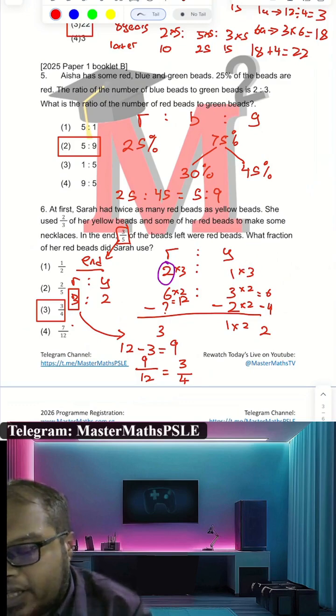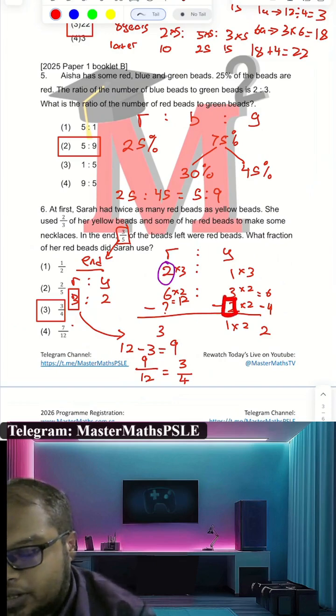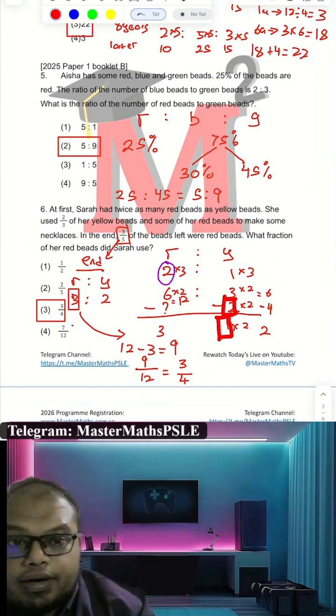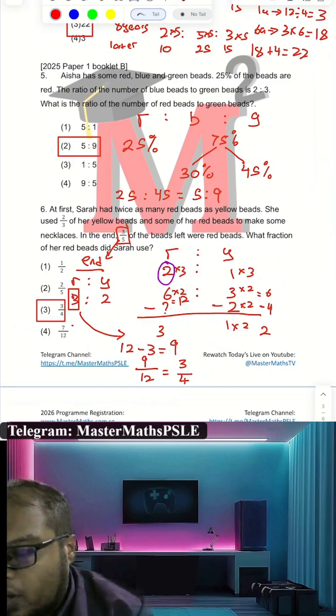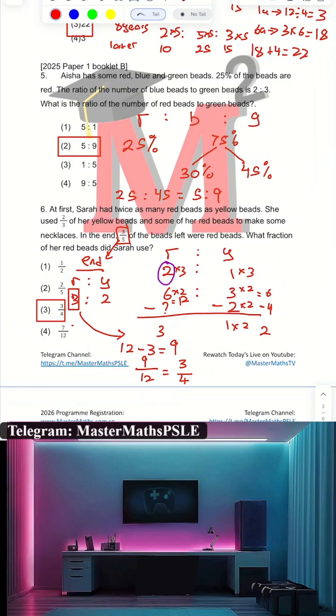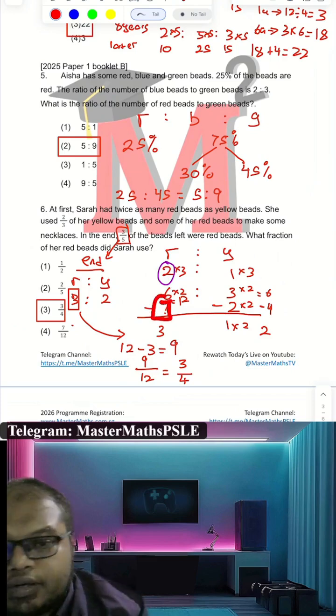So when I times 3, it becomes 6 is to 3. So I take out 2 units, become 1. The thing here, she used 2/3 of it and some red beads. So I put a question mark here.